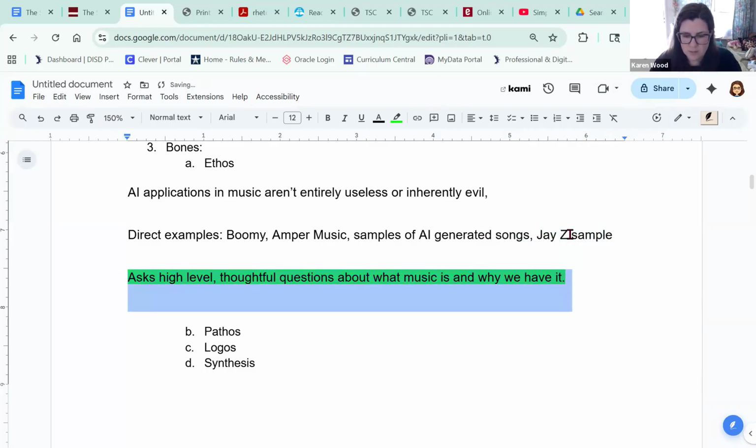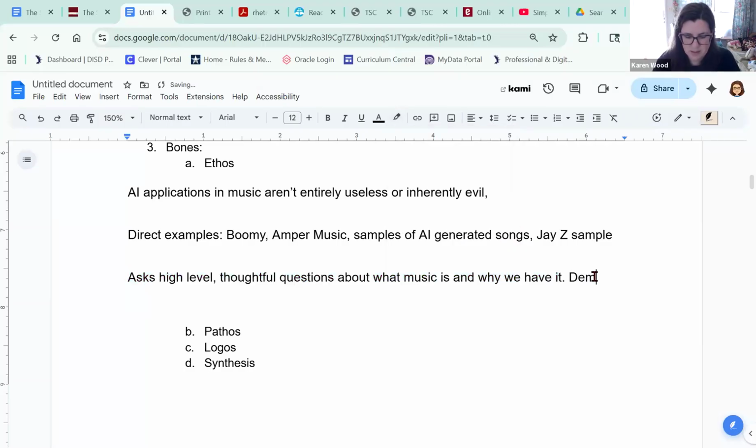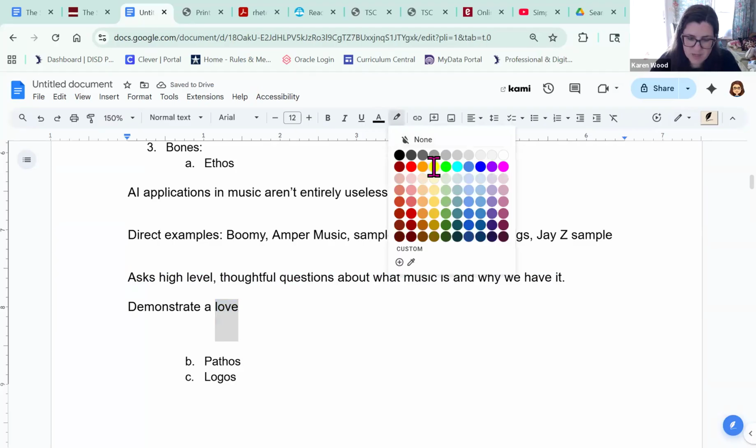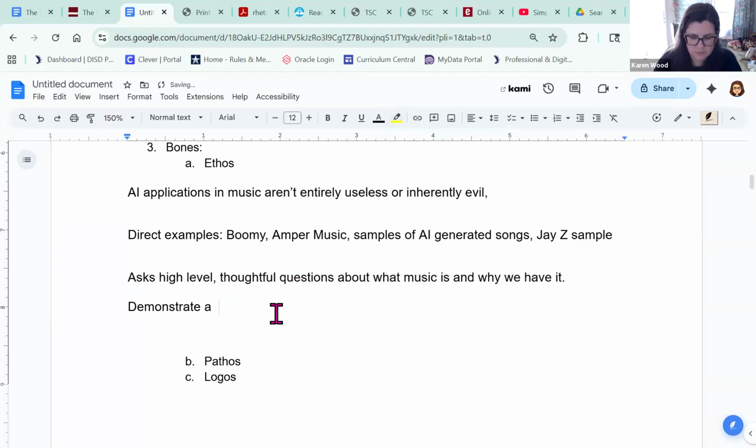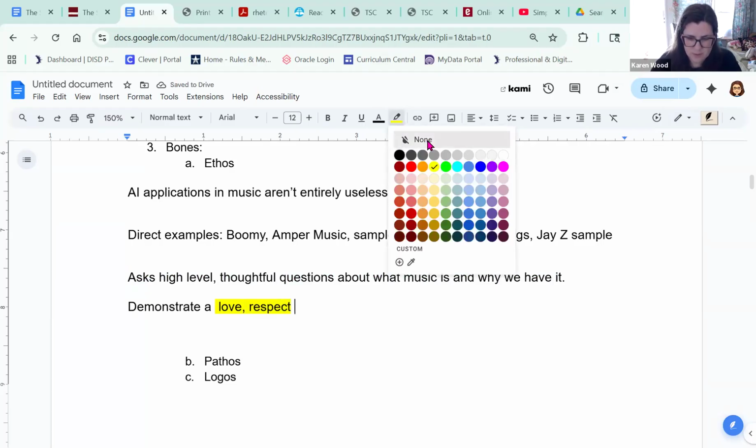So I think these high-level questions are part of his ethos because they demonstrate, I want to use love for lack of a better word right now, respect, for the integrity of music.